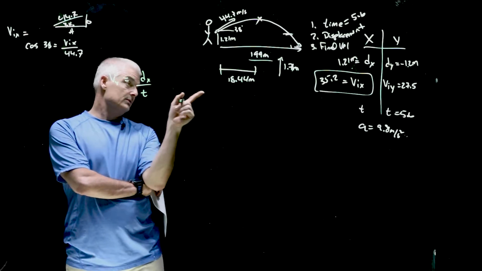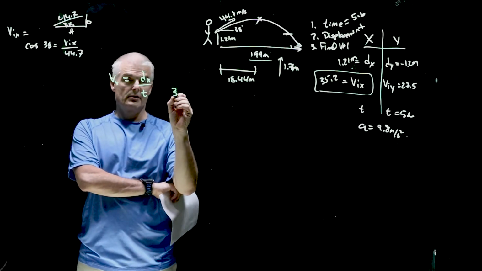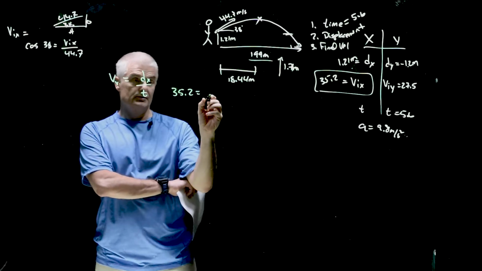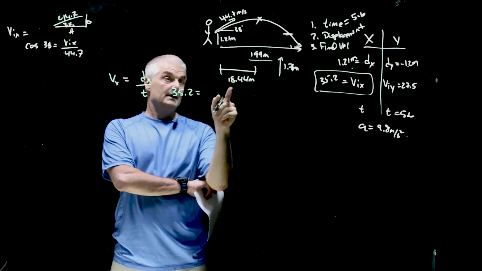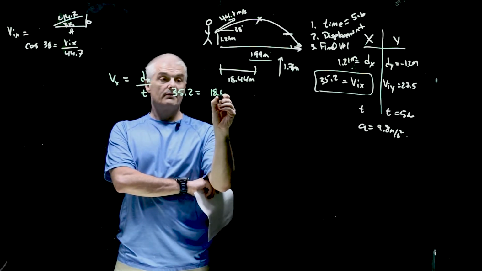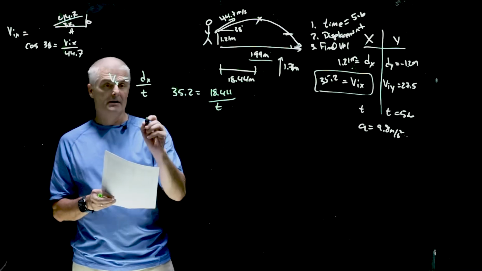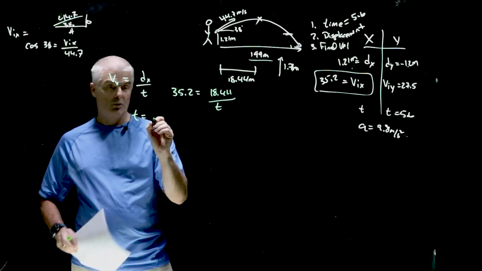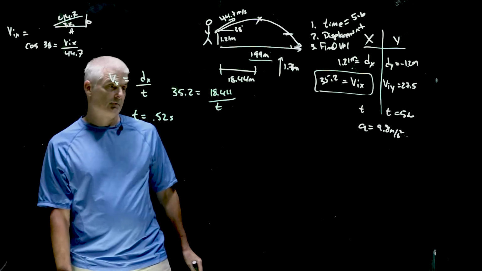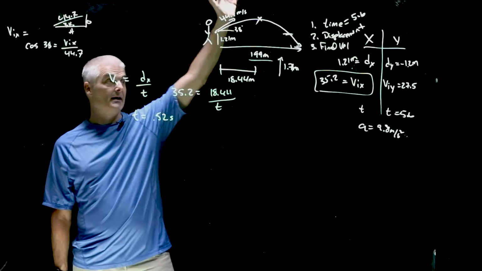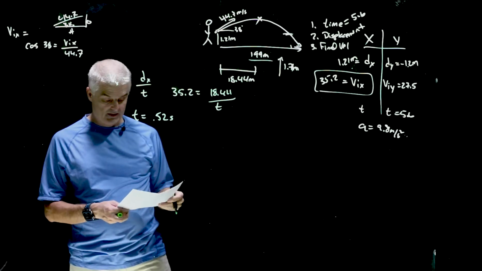The velocity we knew is 35.2, so 35.2 equals 18.44 divided by time. Rearrange, solve for time, and we get t equal to 0.52 seconds. So within half a second, can he get his hand up to 1.71 meters?